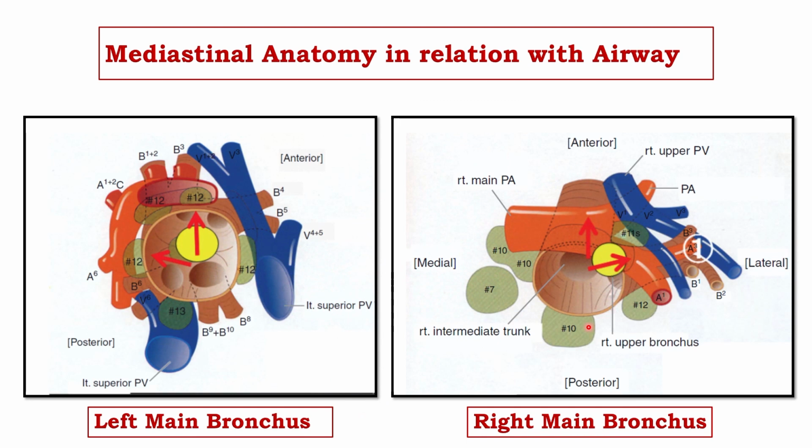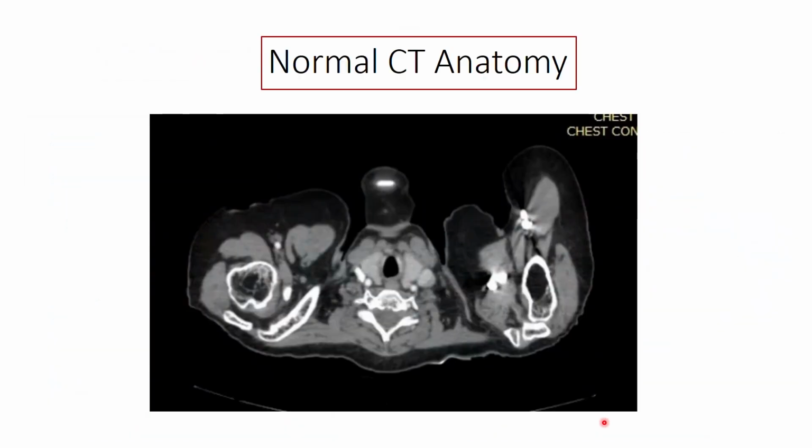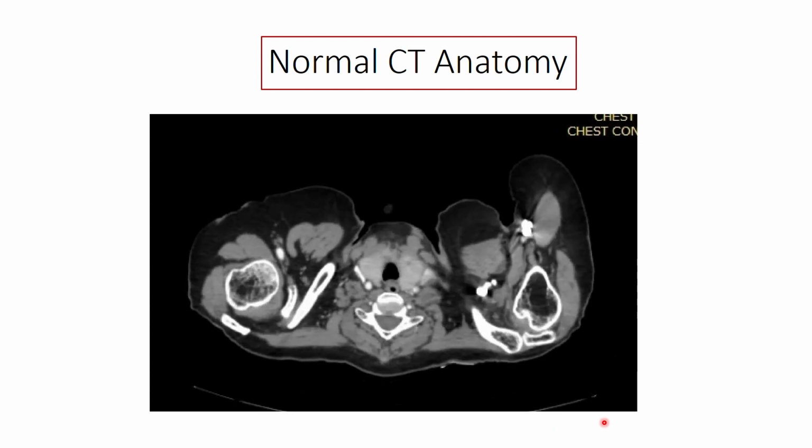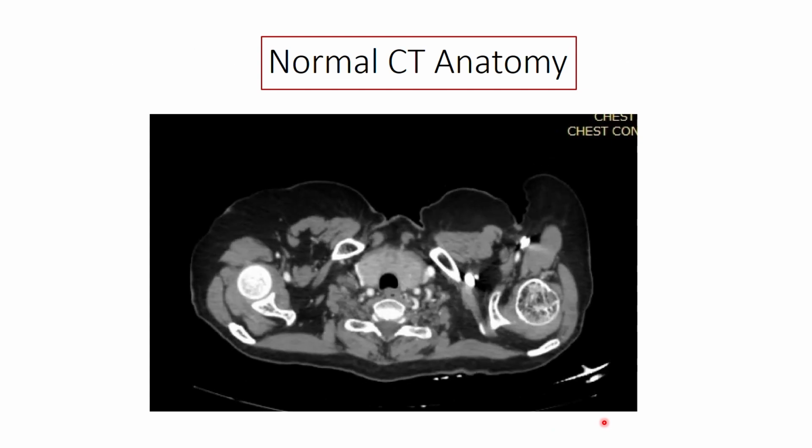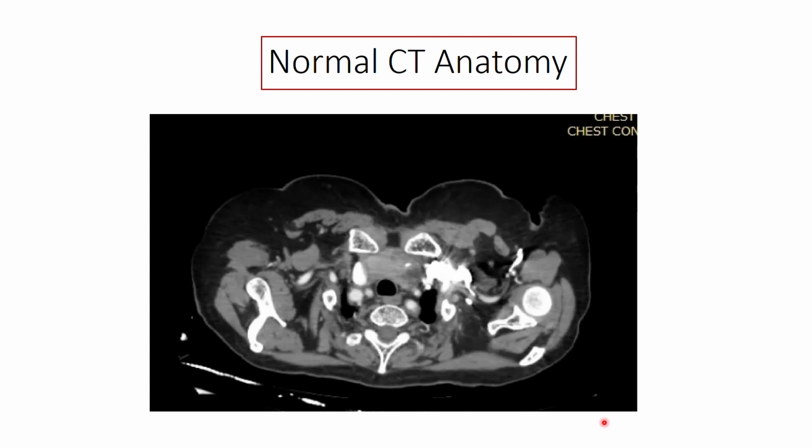As you introduce your scope into either the left main bronchus or the right main bronchus, this is the anatomical correlation of the vessels and the lymph nodes. I will be explaining each one of these. So that's your normal CT anatomy.